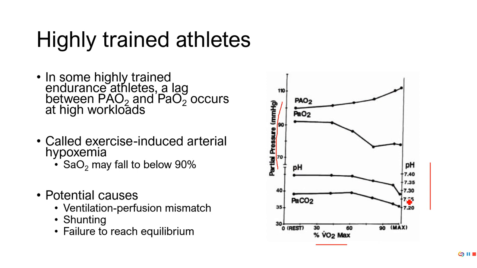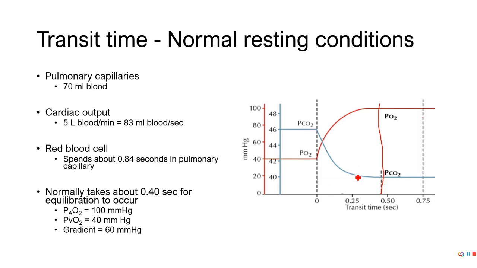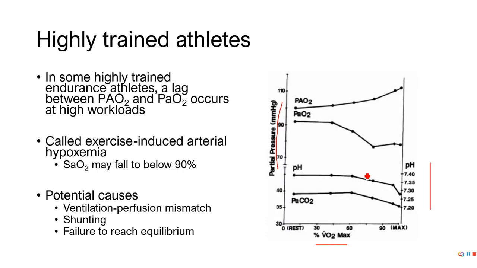So how is my arterial oxygen decreasing so much? Just to be clear, if we come back to this figure, notice that equilibration takes just about 0.4 of a second. That's what we're looking at here. So we go back to our diffusion limitations, or AADO2.